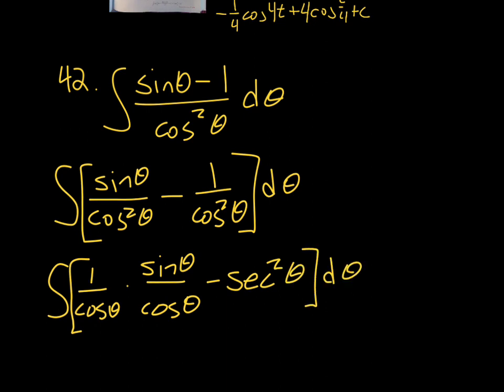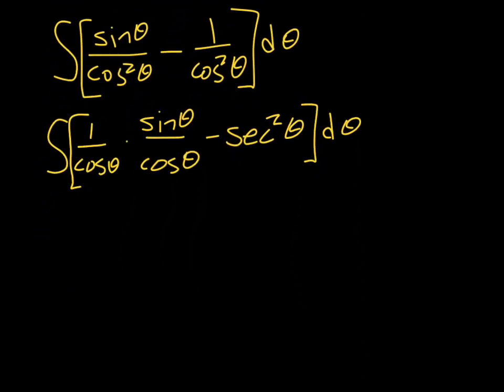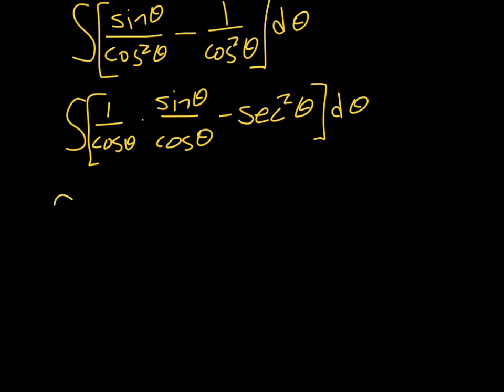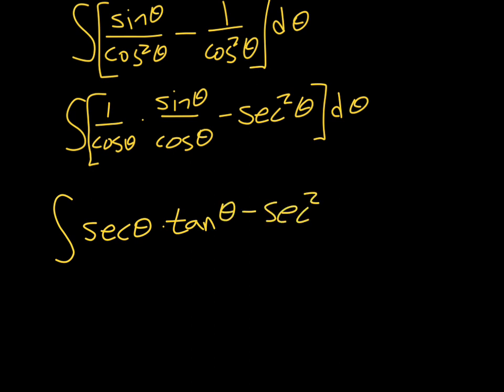Okay, and so then a little more trig stuff. We have secant times tangent minus secant squared. And so remember what we're doing. It's kind of like: the derivative of what gives us secant tangent?